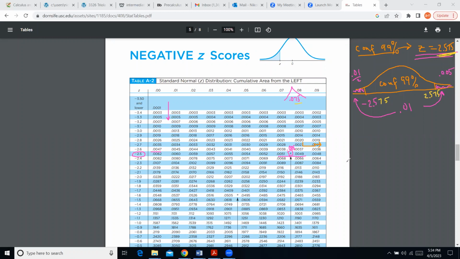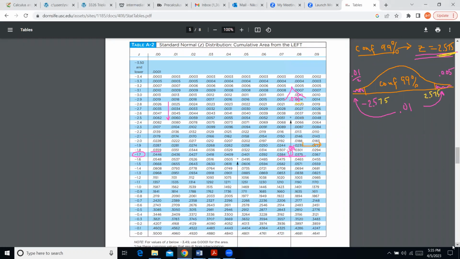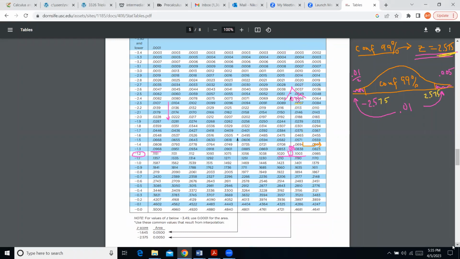So use of the tables is what we've been doing for a while, and we don't go any farther than this, and actually this number appears on the bottom here. So the asterisk brings us to this 2.575.